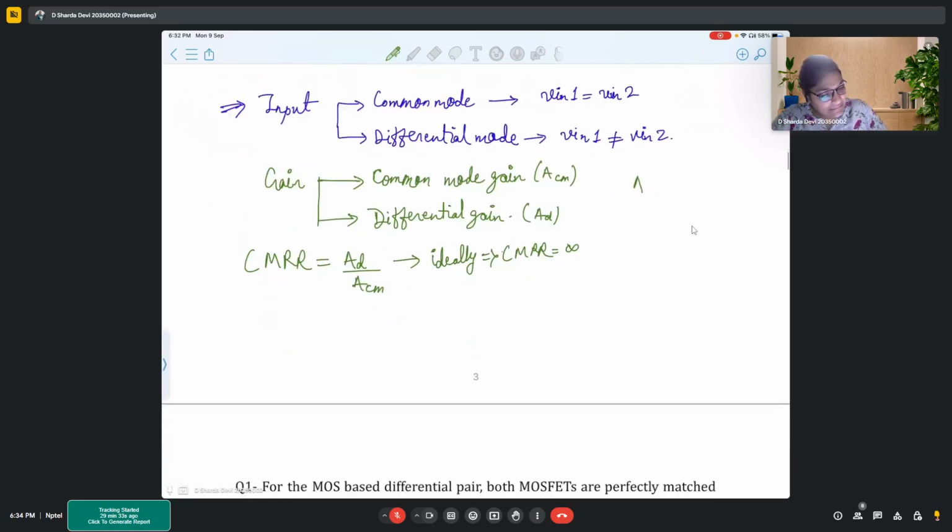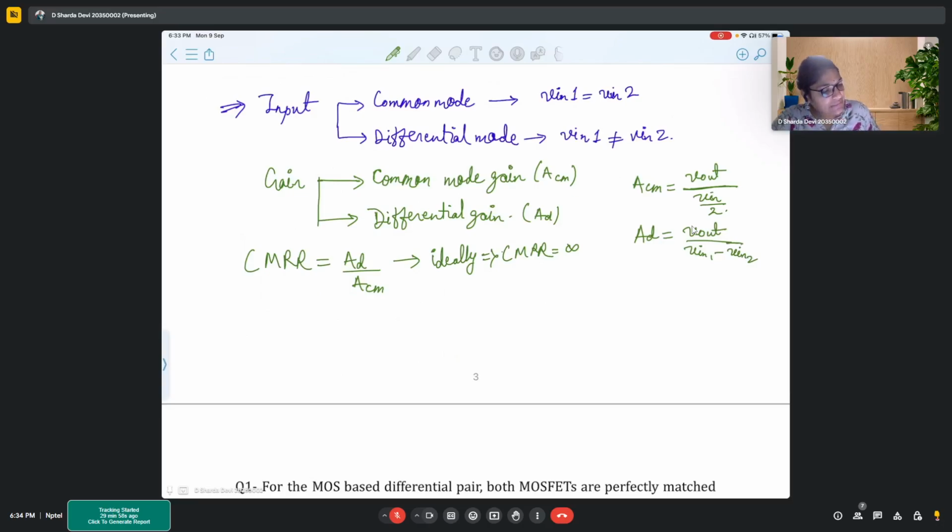Now ACM is given by Vout upon Vin by 2 and AD, that is differential gain, is given by Vout upon Vin1 minus Vin2.